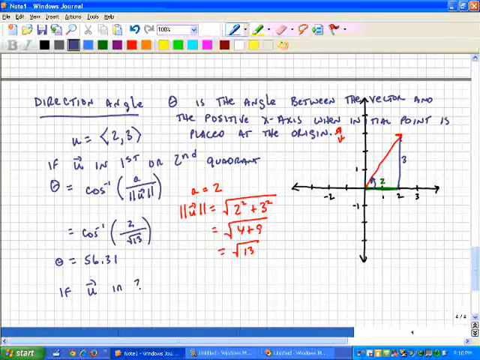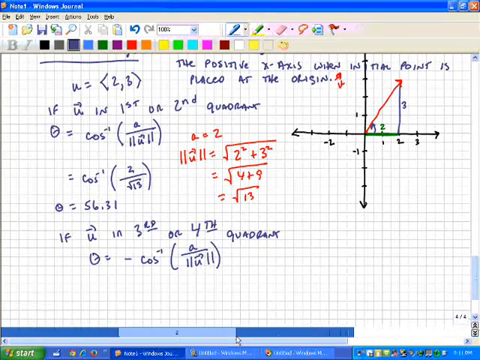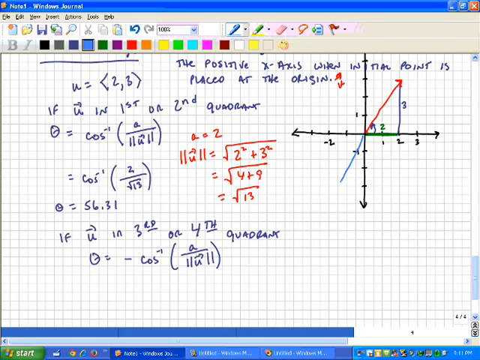If the vector lies in the third or fourth quadrant when its initial point is placed at the origin, then theta is equal to the opposite of cosine inverse A over the magnitude of the vector u. So let's look at a vector, let's call this vector v.